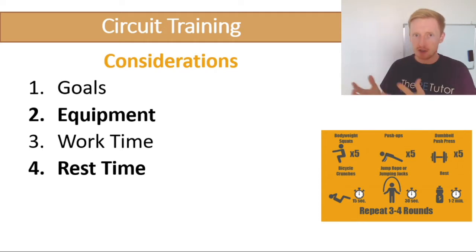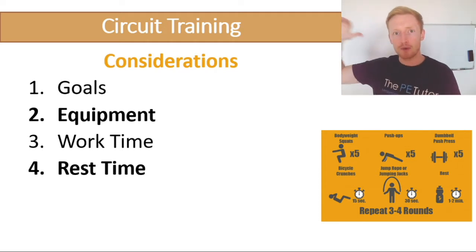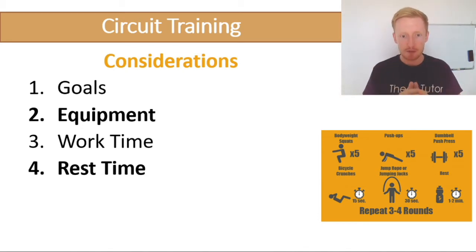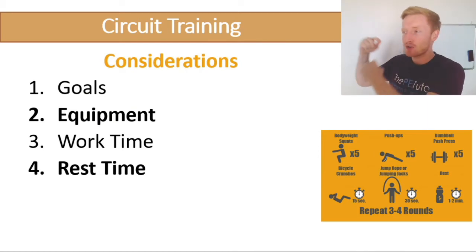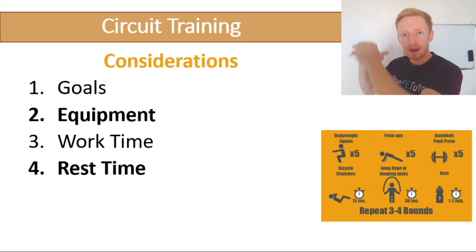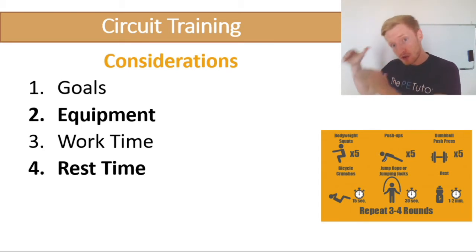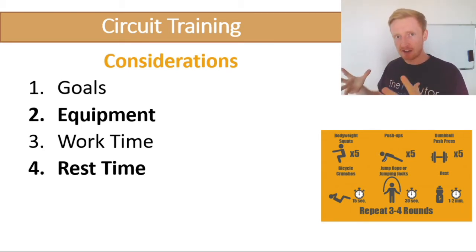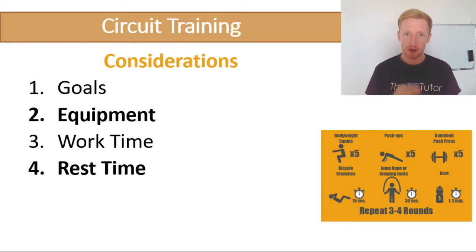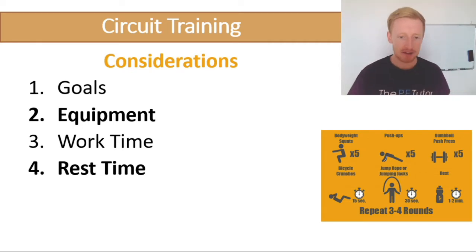And if the person is a high intensity sports performer, then they'll want to be working at or close to, or at least towards, their maximum levels to hit those anaerobic intensities. But then they'll also need to build in appropriate rest time, so longer periods, so that their body can fully recover, so that next station they can hit it close to their 90, 95, or maybe even their 100% capacity.